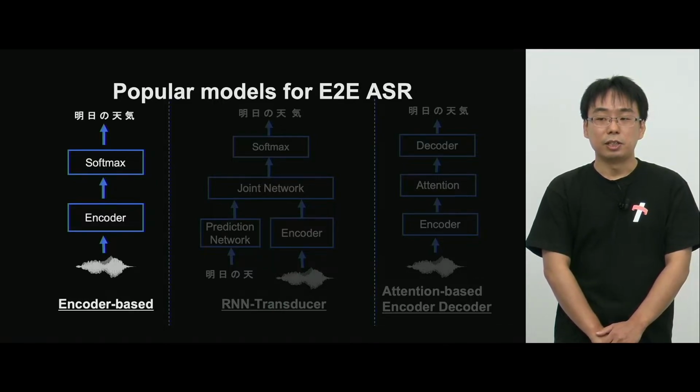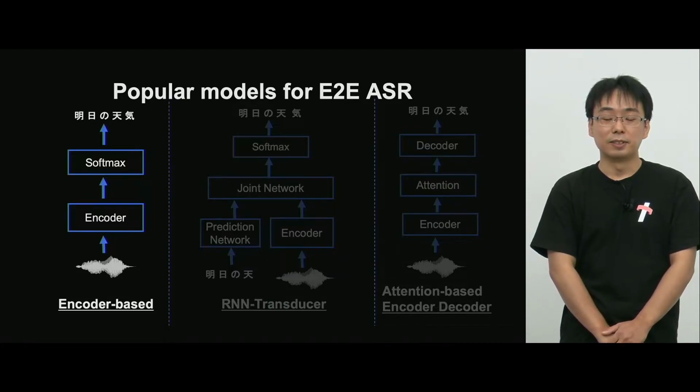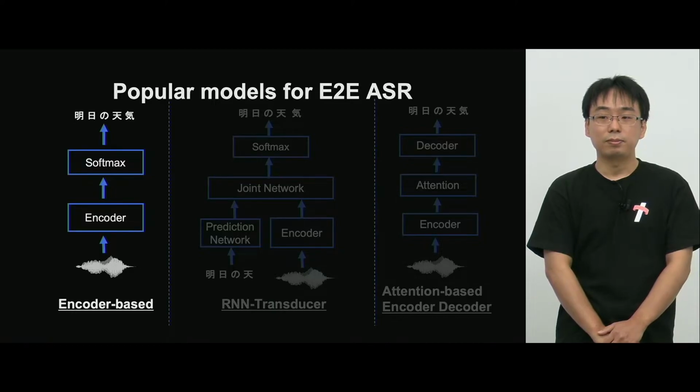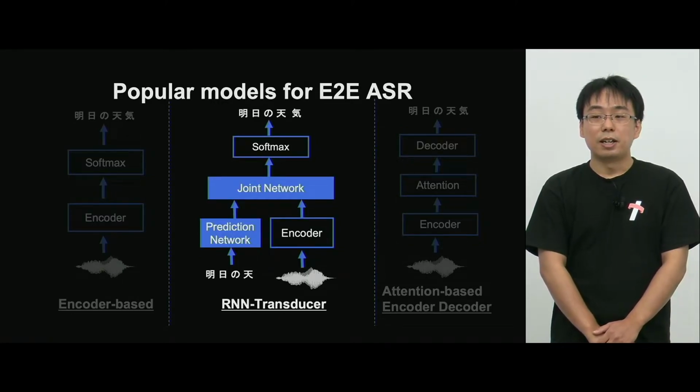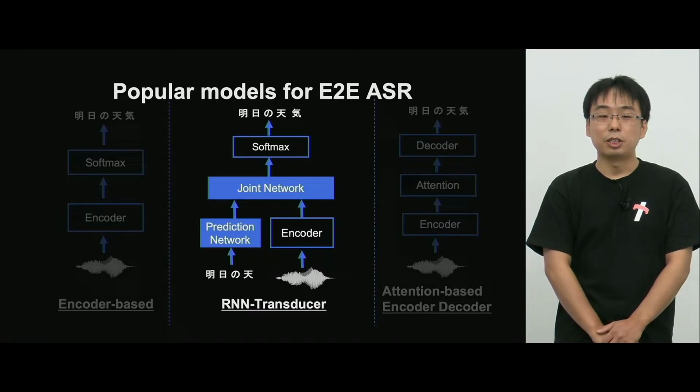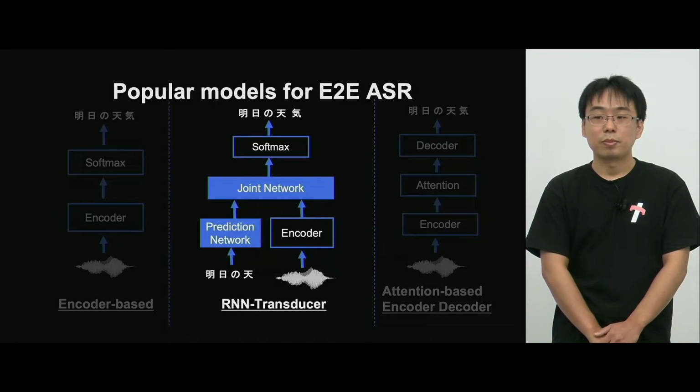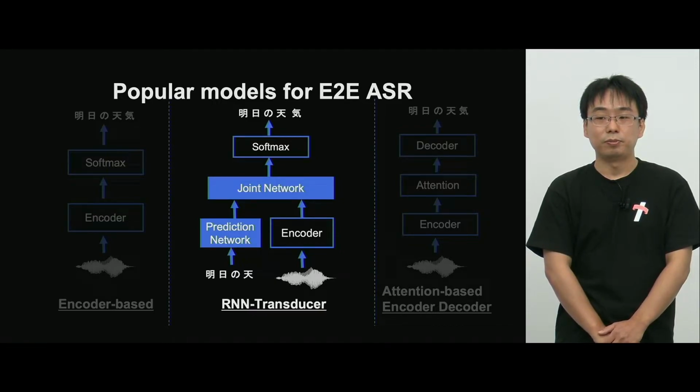As for CTC, it will calculate probabilities of all the sequences that can be output to come up with the most likely candidate. As for the RNN transducer, it is an extension of the encoder-based method. If it is based on the encoder, especially for CTC, relations between the text to be output are not explicitly considered.